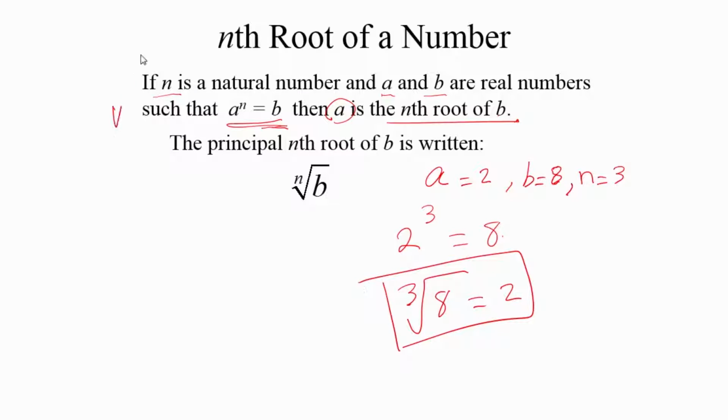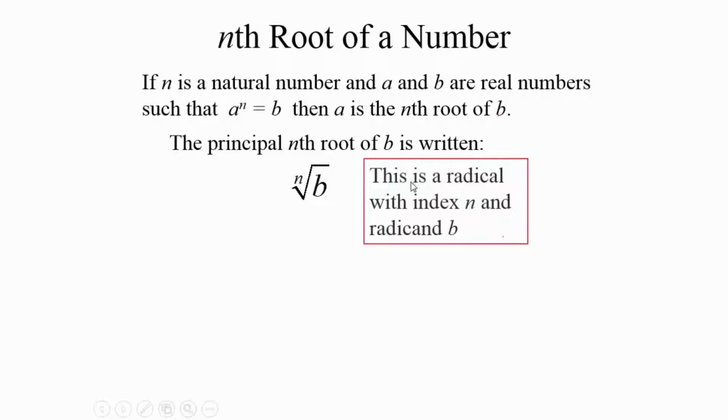That's what this one-line explanation of what the nth root of a number is explaining. So we write it as the nth root of b. This is a radical with index n and radicand b. These are the names. A radical is this sign.